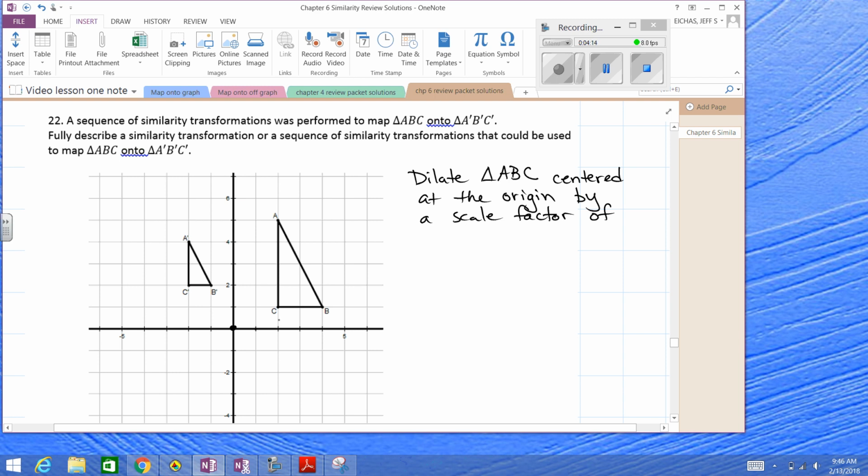One thing I'm going to look at is how far it is from A to C. The change in y is 4. Now A prime to C prime, the change in y is 2.